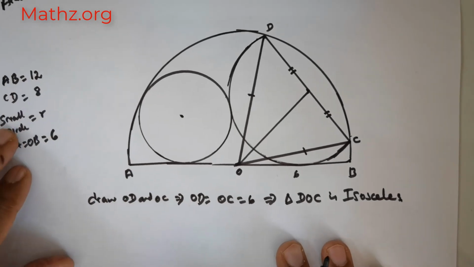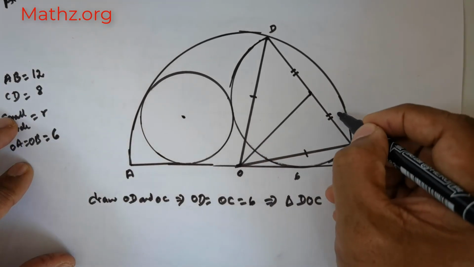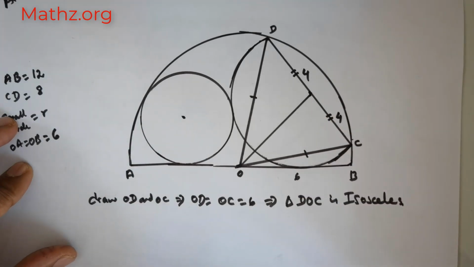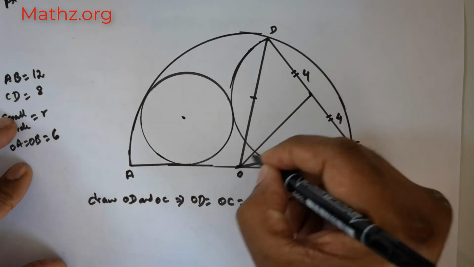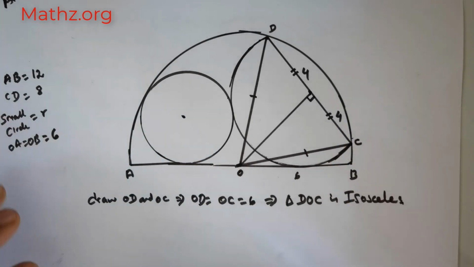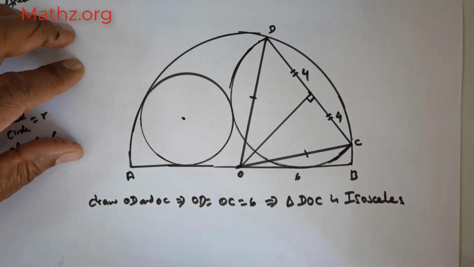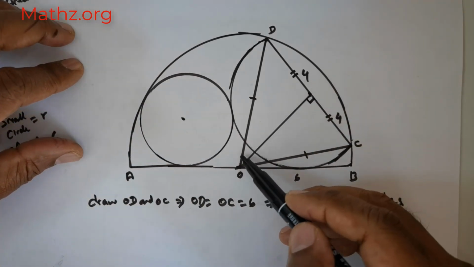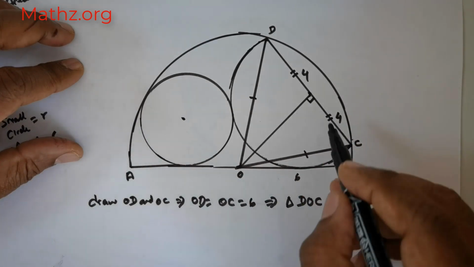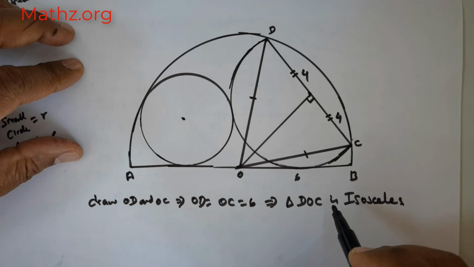Now I know CD is 8 units, so this is going to be 4 units. This is going to be 4 units. Okay, fair enough. Now this line which I have drawn is a perpendicular bisector. That means it will divide this angle here into 2 equal parts and it is making an angle of 90 degrees. So we have a 90 degree there.